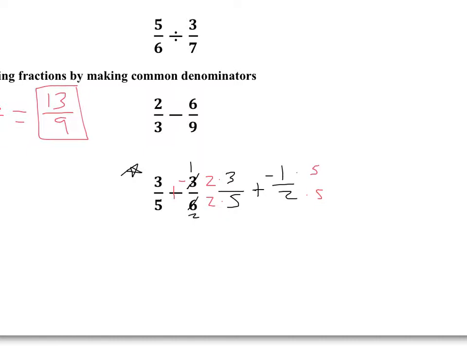And that gives us a new set of fractions. We have 6/10 plus negative 5/10 because of the negative sign here. Now we have a common denominator, so we can take our numerators and put them together. And 6 plus negative 5 is 1, and we have 10 below.